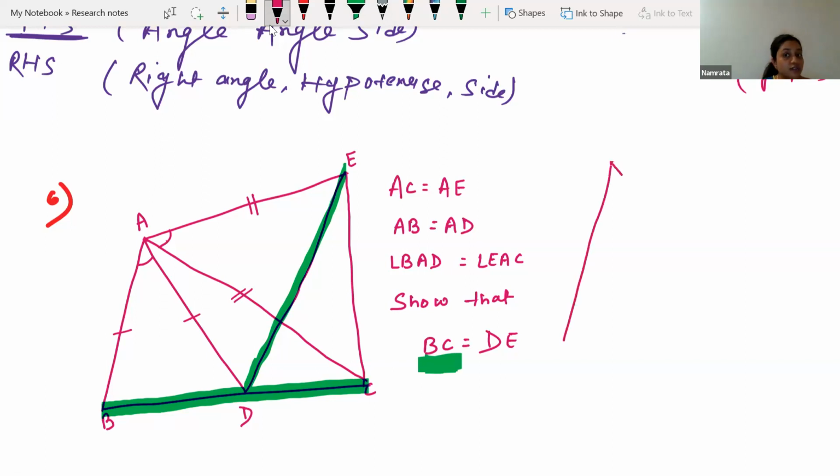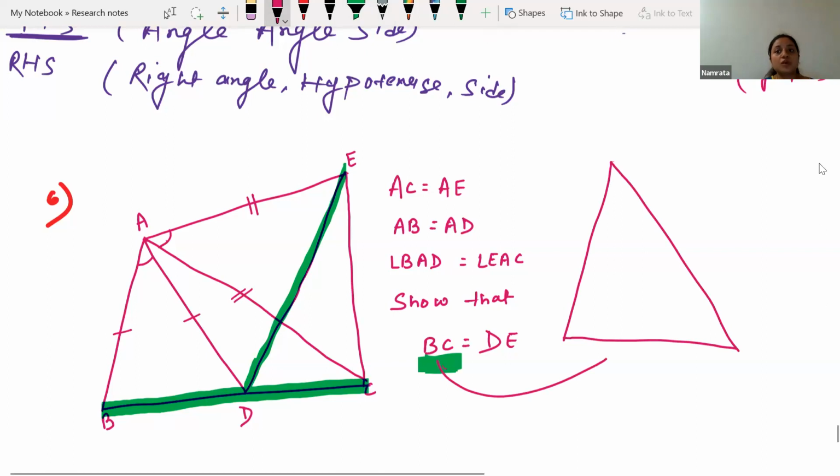I am also not sure whether it will work or not, but since I have to take side BC, I'm going to try with triangle ABC. The other triangle I'm going to take where side DE must be there, so the other triangle I'm going to take as triangle ADE.